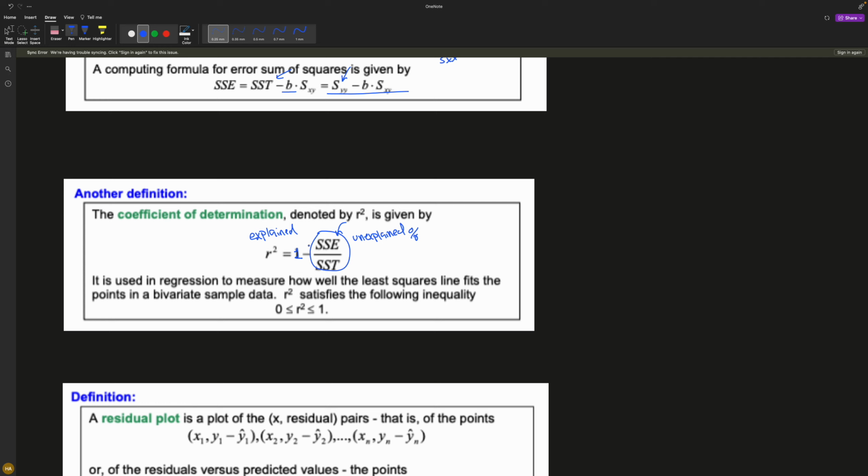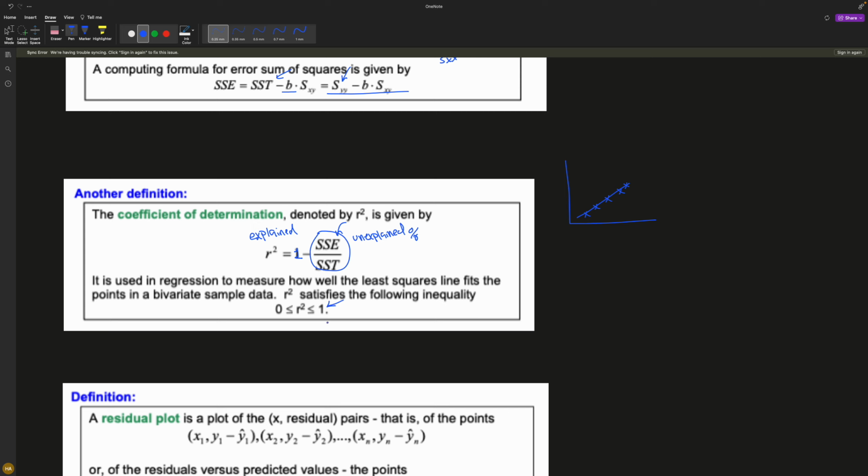Okay, so to use linear regression to measure how well the least squares line fits, basically, if your data is all right along the line, that means your data fits very well. You want R to go toward 1.